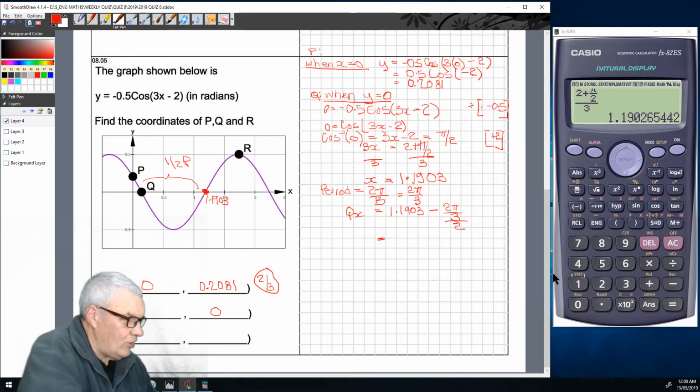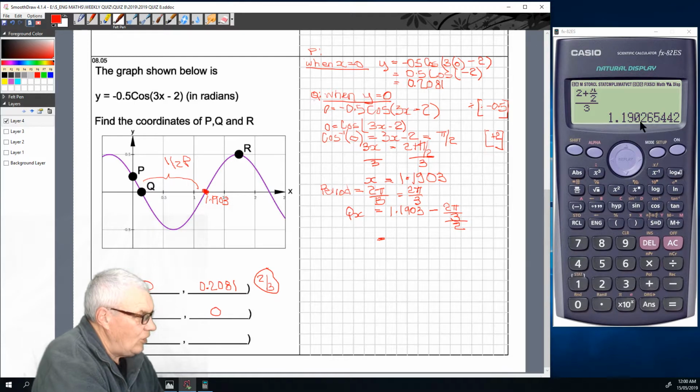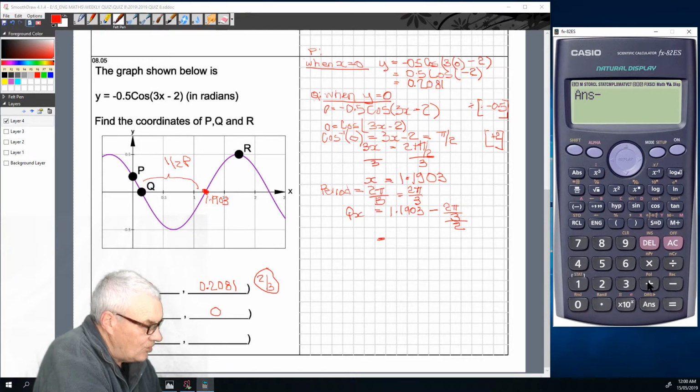Okay, so we get, oh, we've already got that there. 1.1903 is already there. So then we just go minus that there, which is 2 times pi over 3, and we need to bring that back here and do that.